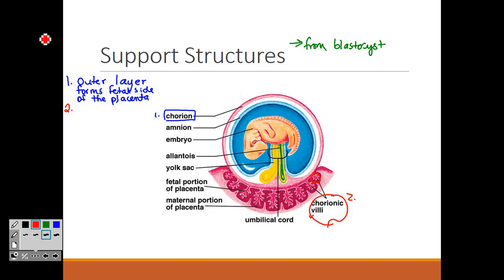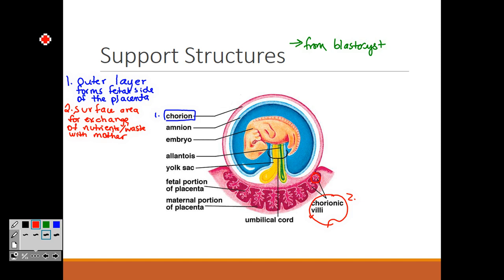So the chorionic villi provide surface area for exchange of nutrients and waste with the mother.